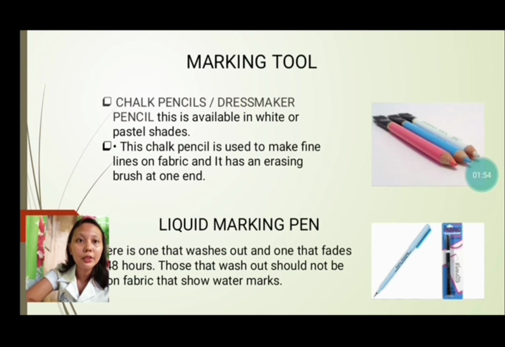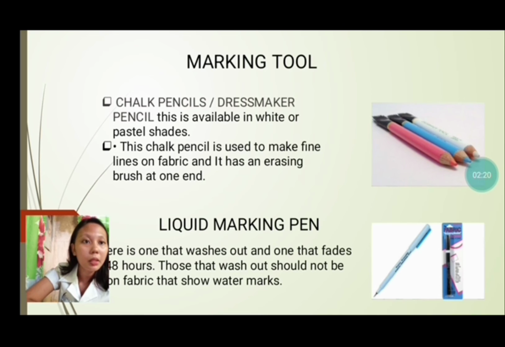Okay, let's proceed to the marking tools. For marking tools, we have the first one, chalk pencils or dressmaker pencil. This is available in white or pastel shades. This chalk pencil is used to make fine lines on fabric, and it has an erasing brush at one end.